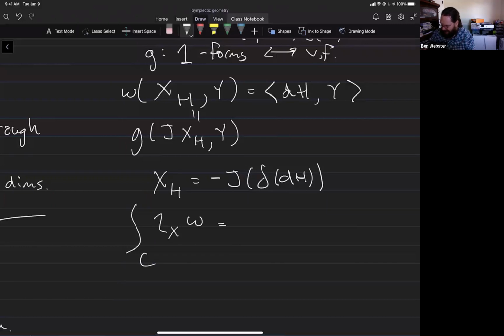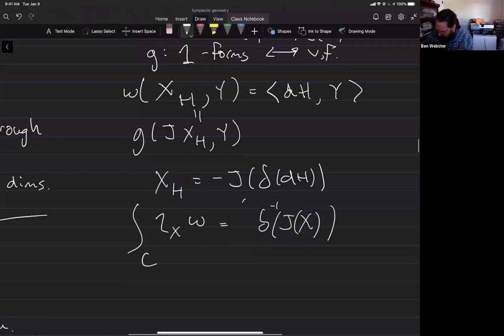This means that I take my vector field, apply the complex rotation to it, turn it back into a one-form, and then integrate that. I think that's right. Anyway, it's doing a usual line integral over your vector field rotated by 90 degrees, using the complex structure to tell you which way you should rotate 90 degrees.